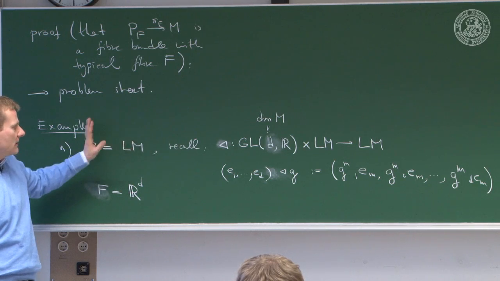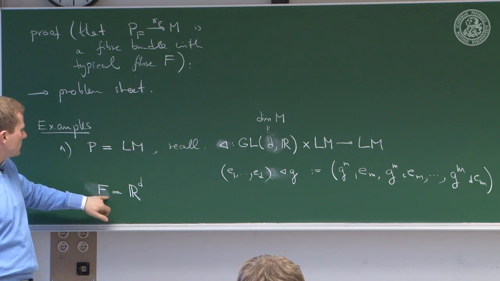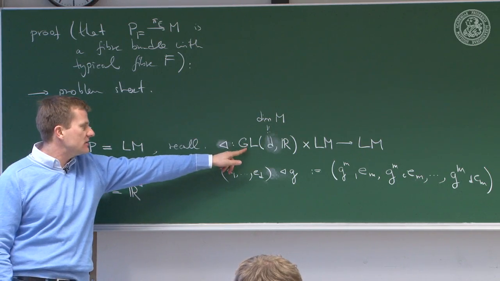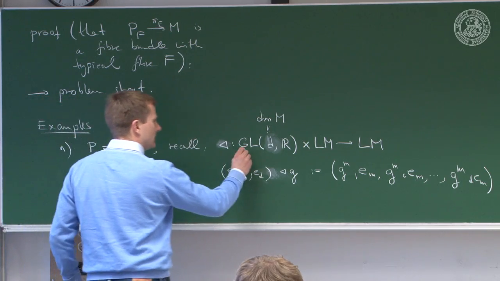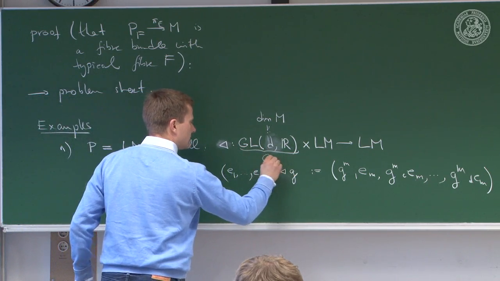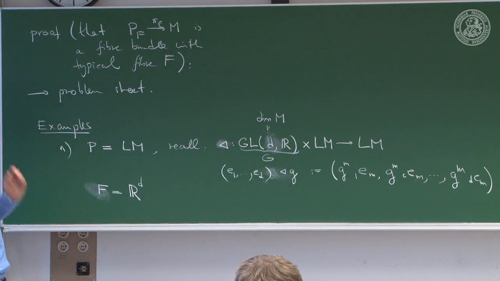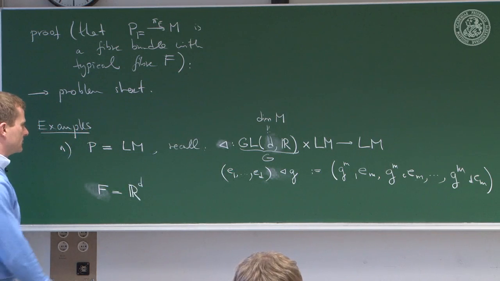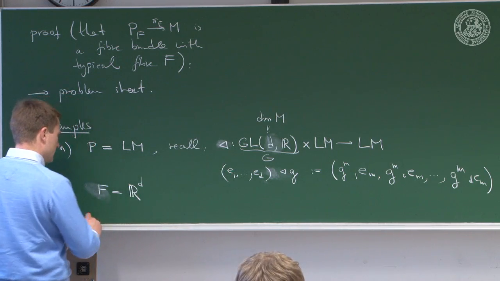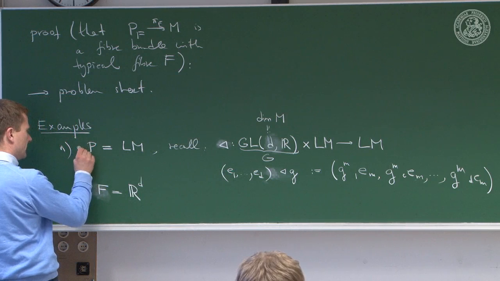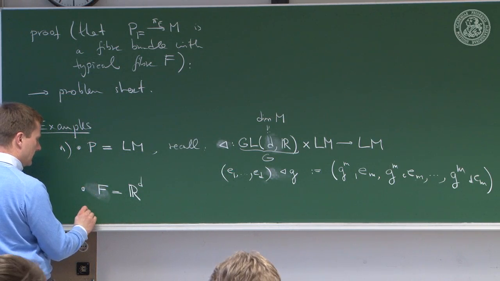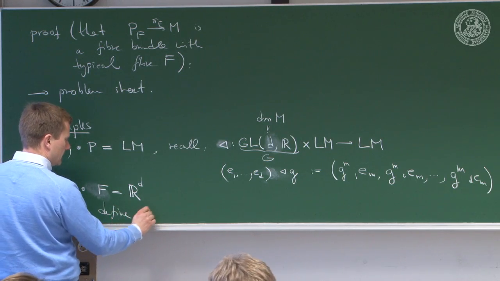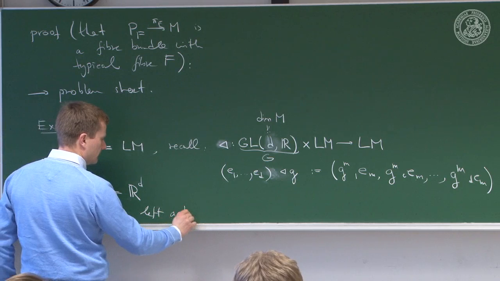I have a principal bundle, which is the frame bundle. I also need to provide now an action of the same group, GL(D, R). So that's, in this example, what the group in our general definition is. I now need to provide you also with an action, a left action of G on F. That's the first ingredient, that's the second ingredient, and the third ingredient is to define a left action.